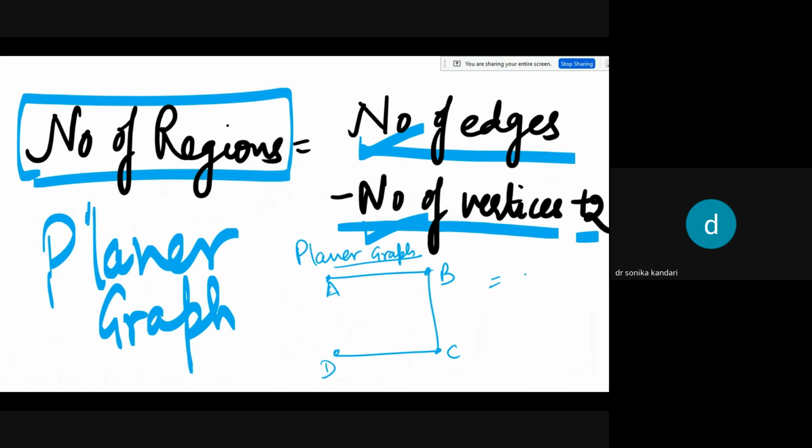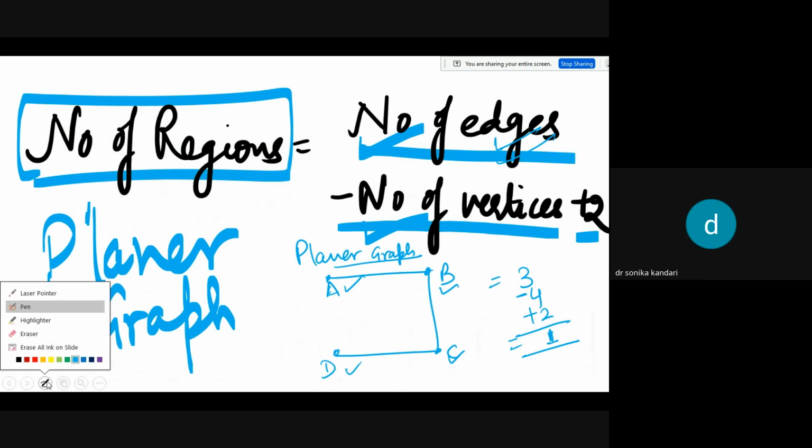Total number of edges are 3. Number of vertices are 4. Plus 2. What is the answer? 1.